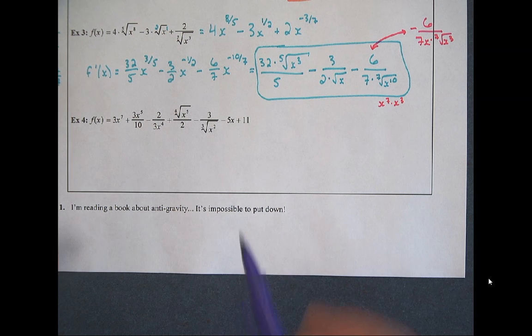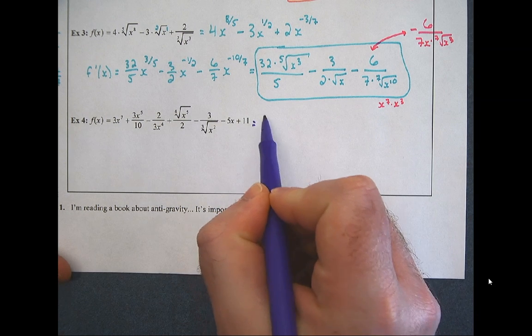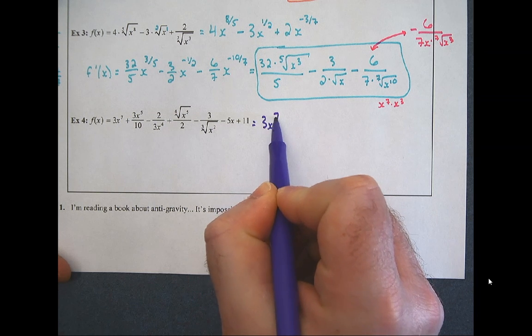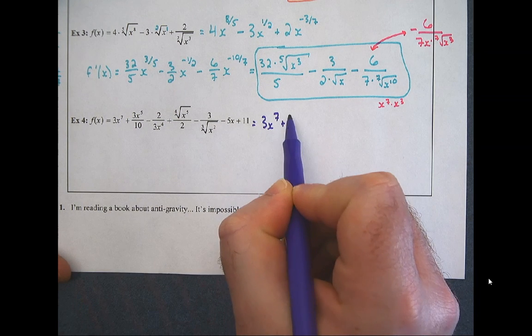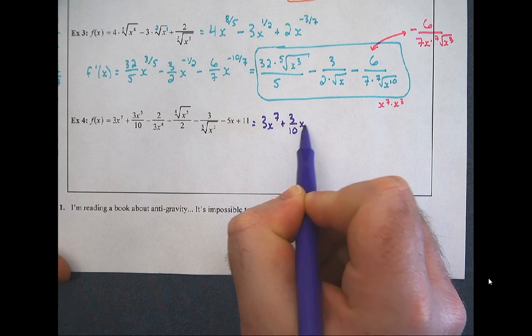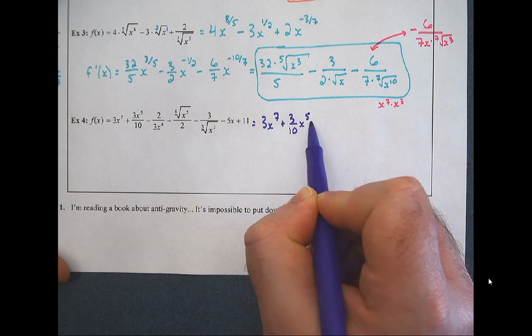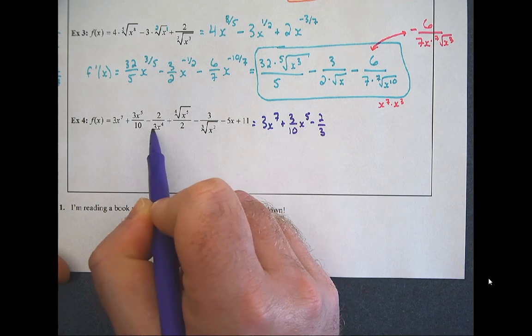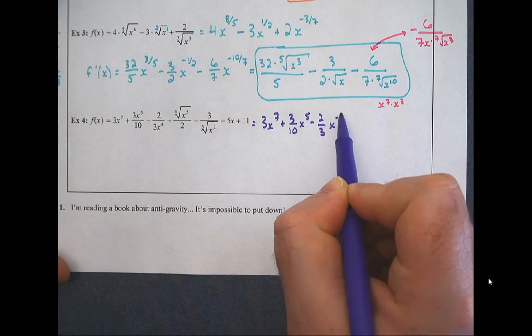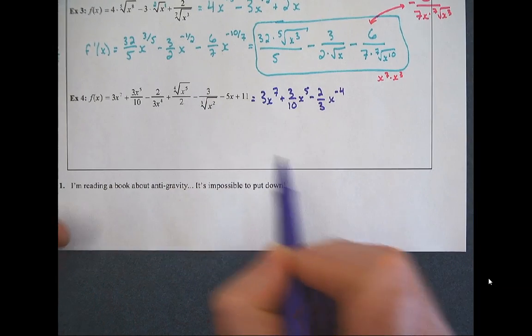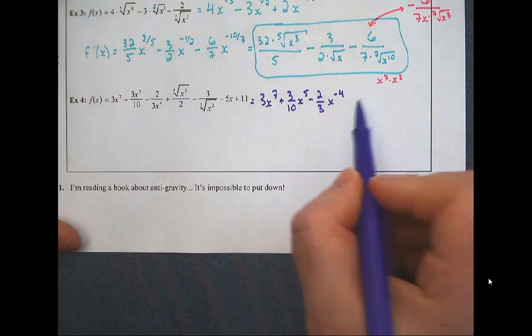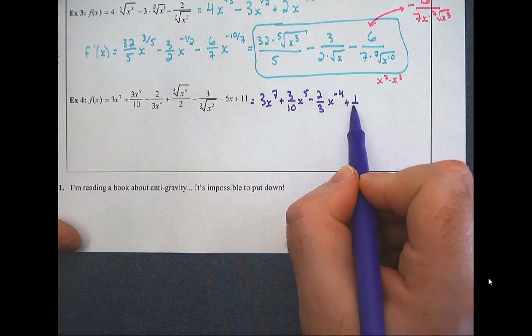Okay, let's see how you did with your rewrite. So this would be 3x to the 7th plus 3/10 x to the 5th. Subtract 2/3. I got to bring this one up, so that's x to the -4. That's our 1/2 as my coefficient.